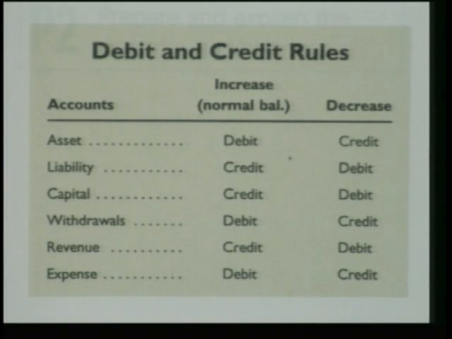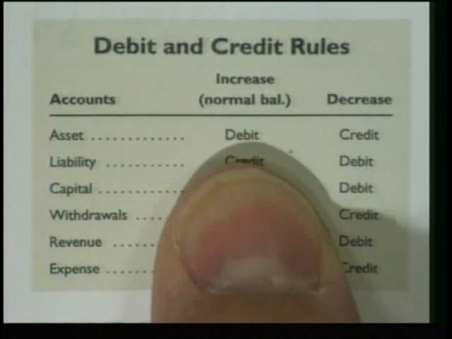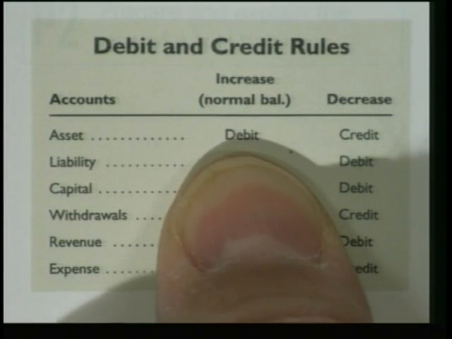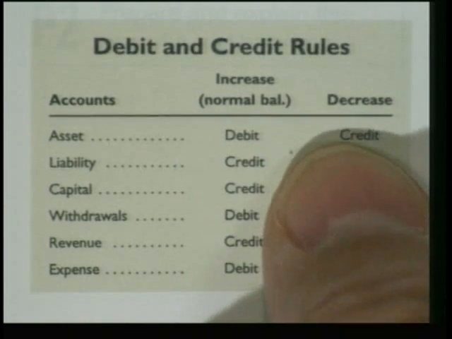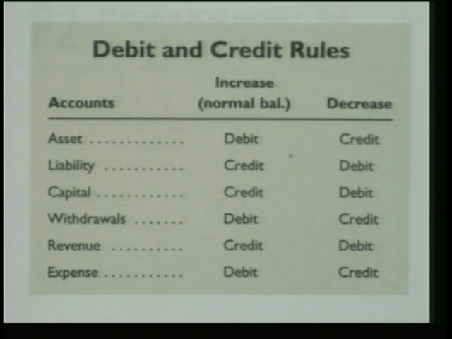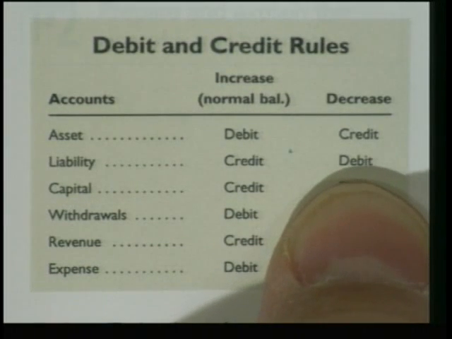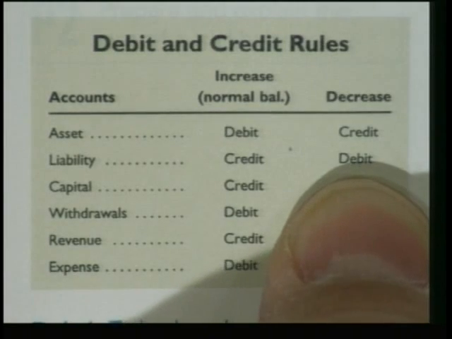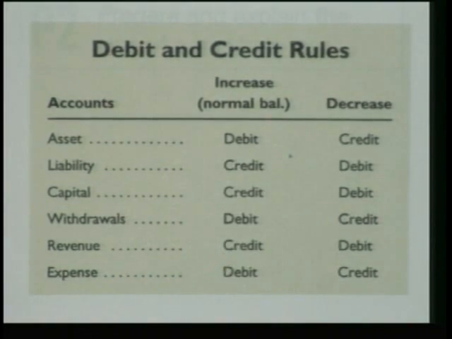This tells us that assets are normal debit balance accounts, thus they increase with a debit and credits decrease them, right? And you're going to see liabilities, like notes payable, are credit balance accounts, correct? Thus they increase with the credit, and they decrease with the debit, okay?